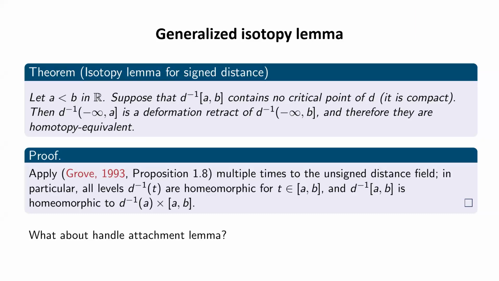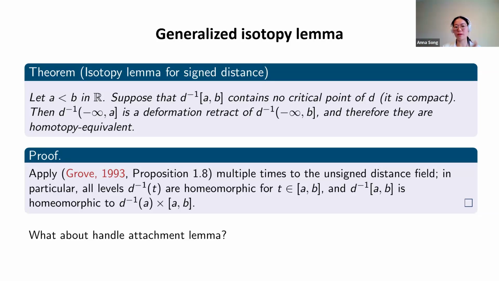Yes, so there are two ways. The easy way is to reapply the results proven by Grove and Cheeger. They already phrase the isotopy lemma for pure distance functions exactly in the desired form. For us, it's just a matter of saying the sign distance is the same if A and B are both positive or both negative. And if you want to work close to the zero value, you know that the sign distance is actually C^k, so you can just retract like that.